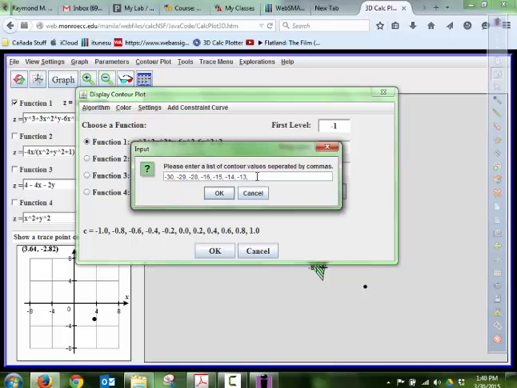And then I think the ones over here are close to 0, right? So negative 2, negative 1, 0, 1, 2, 3, 4. Maybe that's good enough.